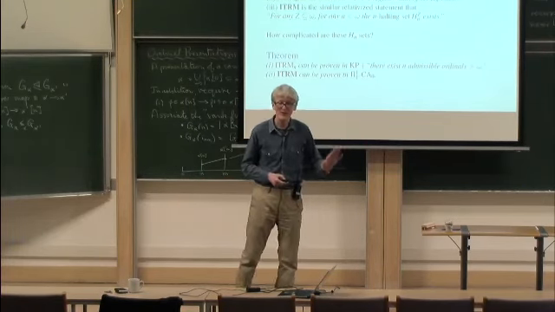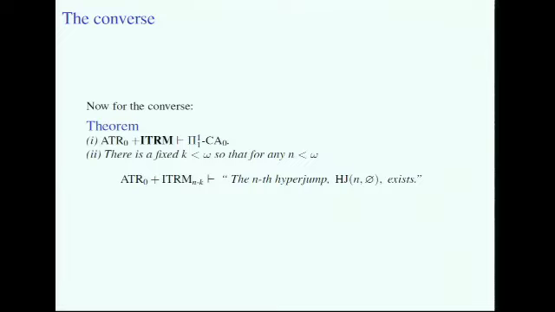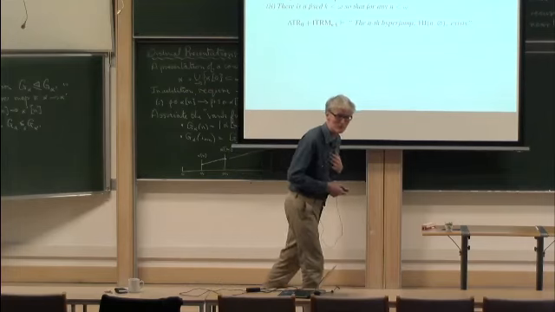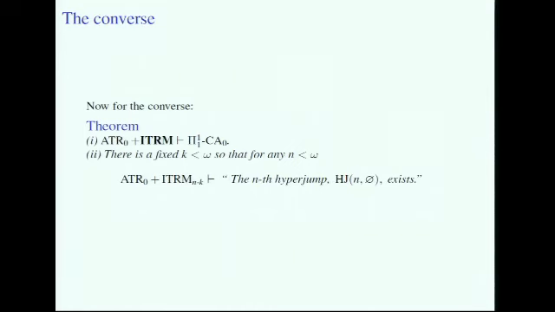This is somehow the harder direction: if you want to show that on an ITRM with n registers, you can compute something like the nth hyperjump of 0, you need n registers to store these values. You need some extra registers as workspace, but there's a fixed k such that if you have n times k many registers, you can compute the nth hyperjump.